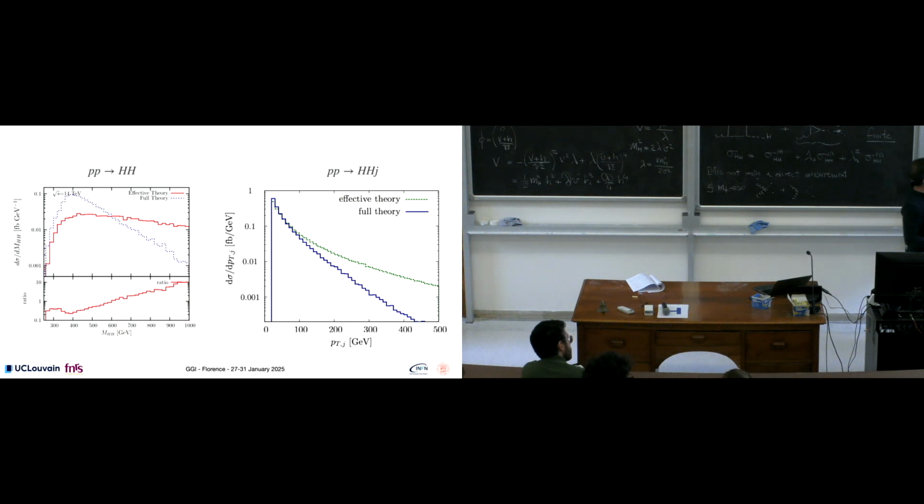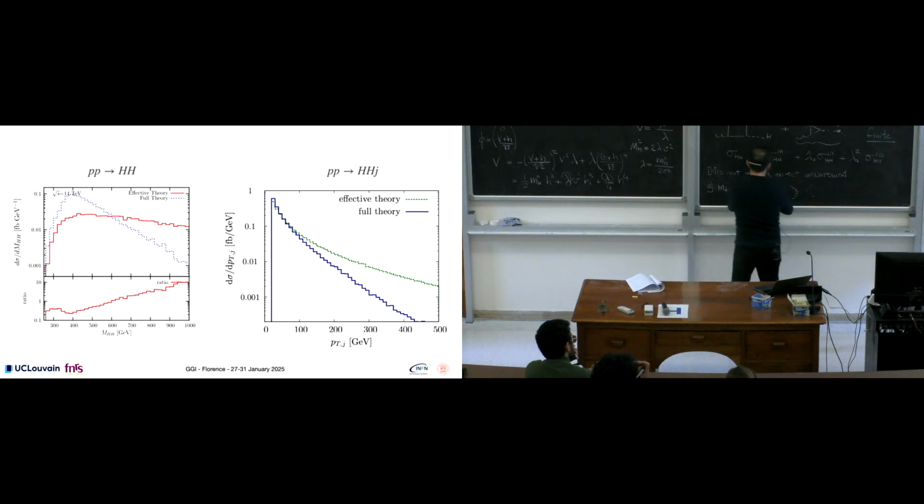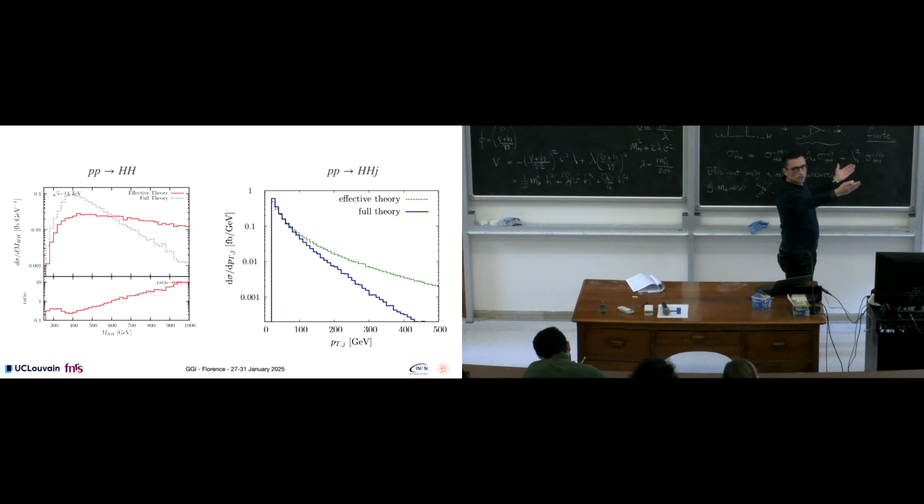The blue dotted line is the full theory, the theory with the top in it. And as I told you, the peak of the cross-section is around 400. The red is the theory where I shrink the top. And you see, it's completely different. I mean, it doesn't look at all like the true one, right?